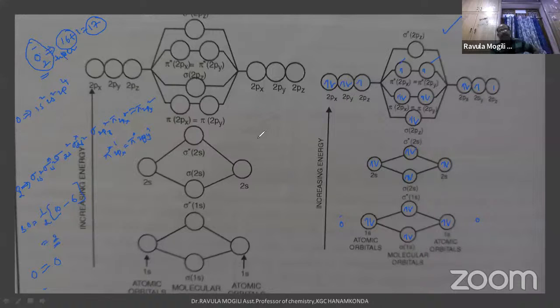నేను ఇంకా డెప్త్కి వెళ్తే నాన్న, this is O2 minus, it is a superoxide. It is one type of specific oxide.